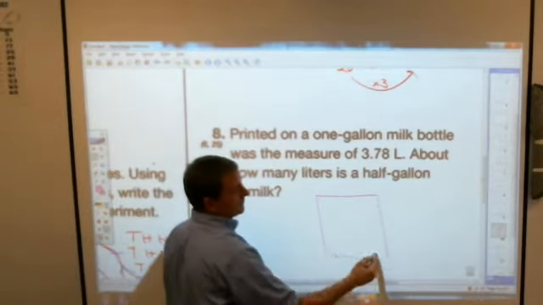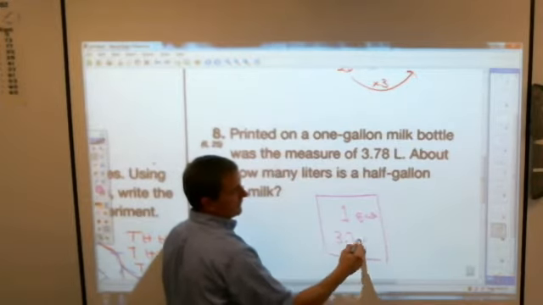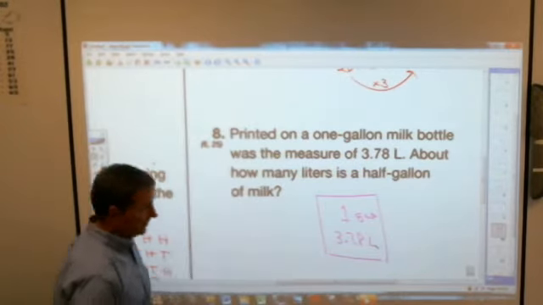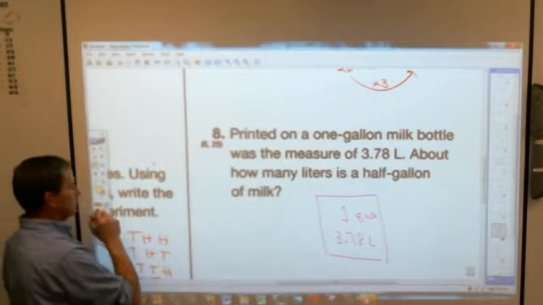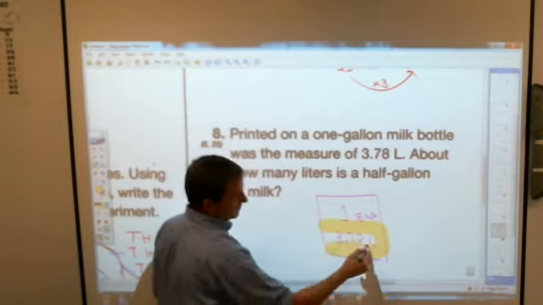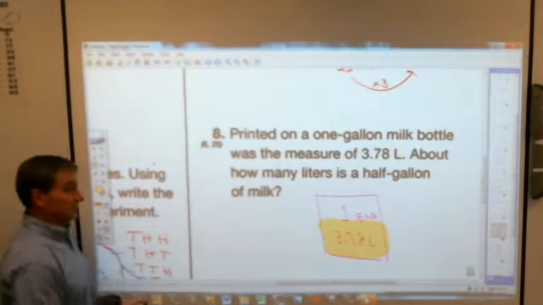Here's my whole gallon, and it is 3.78 liters. But I don't want a whole gallon, Zach. I want a half a gallon. I just want this much. So if a whole gallon is 3.78, how would you figure out what a half a gallon is?